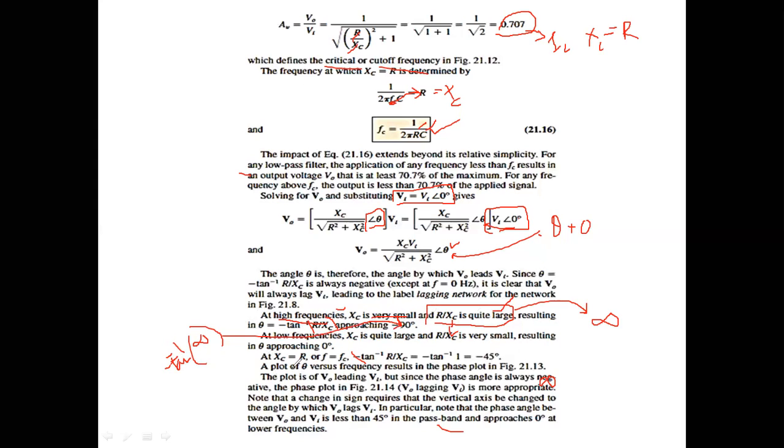And now consider the case for the low frequencies. This was the case for the higher frequencies, and now the case for the low frequencies. R by Xc will be small. If we consider small as 0, then tangent inverse of 0 will be equal to 0.